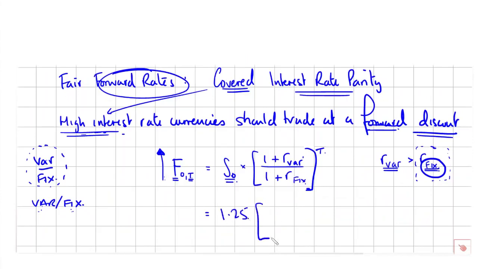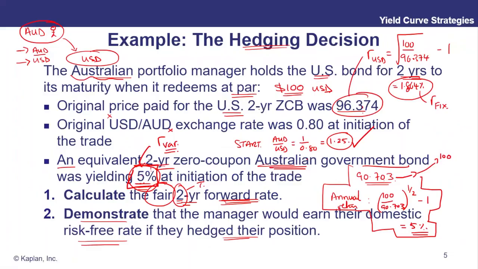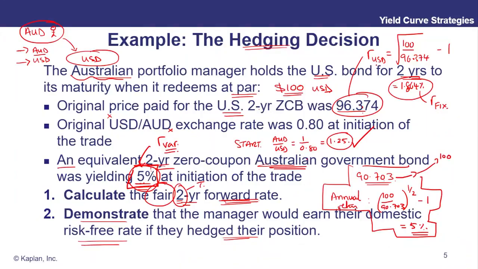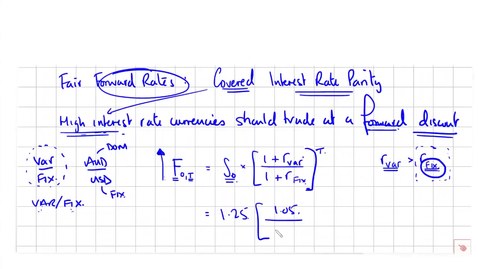Then multiply through by 1 plus our VAR, which, don't forget, because we're an Australian investor in the US, we needed domestic Australian dollars variable and the foreign currency fixed. On the top there, we've got the Aussie rate, so that's 1.05. On the bottom, we've got the foreign risk-free rate, which we calculated to be 1.864% from those prices. And don't forget that's for 2 years. So my fair forward rate is 1.25.